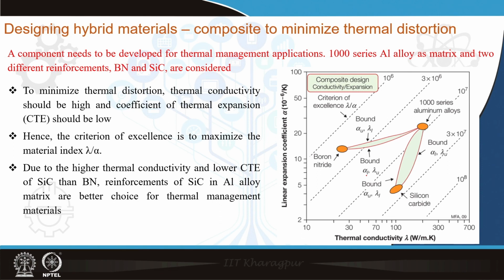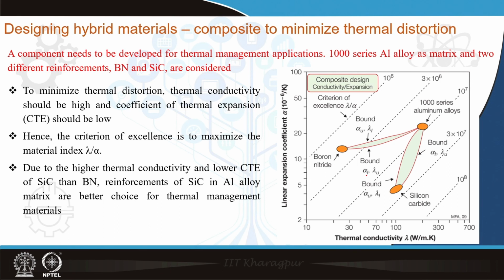What is the requirement for thermal management application? The most important point is to minimize the thermal distortion. The thermal distortion comes from temperature excursions, and because of that two factors are very important.